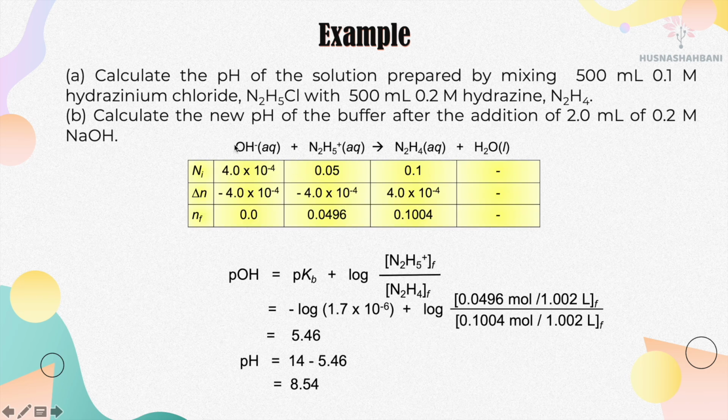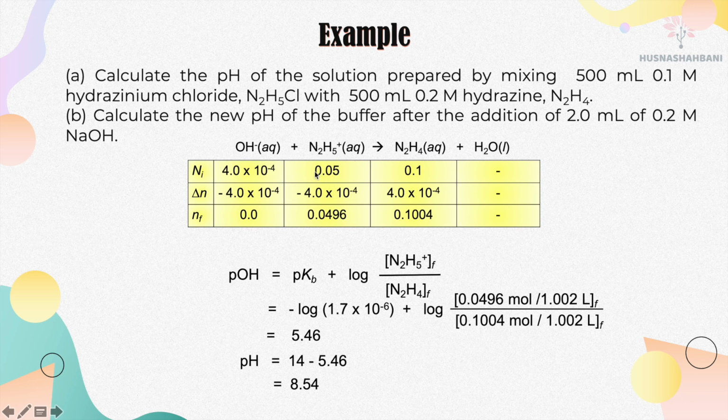If you compare these three numbers of mole, the number of mole of OH minus is the smallest. So only this amount of OH minus will react with that amount of N2H5 plus and produce that amount of N2H4, because the stoichiometry is 1 mole, 1 mole, 1 mole. So all of the OH minus will be reacted with N2H5 plus.